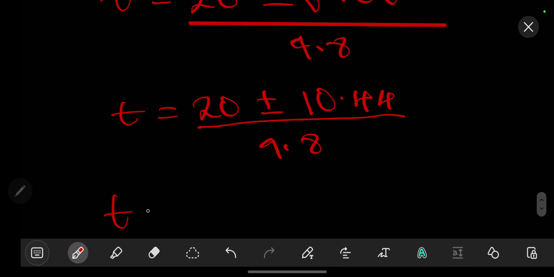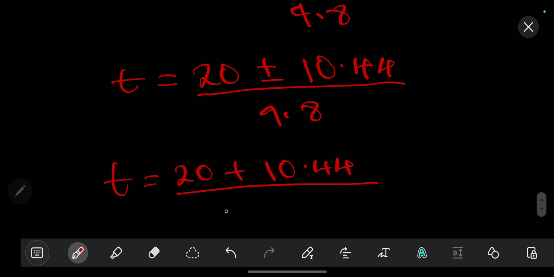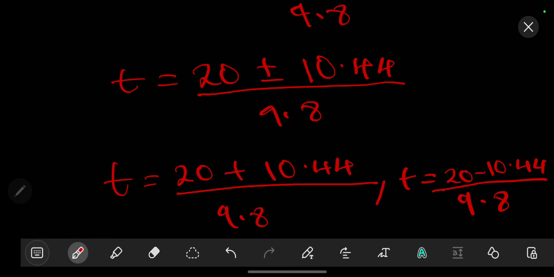So either t is equal to 20 plus 10.44 over 9.8, or t is equal to 20 minus 10.44 over 9.8.